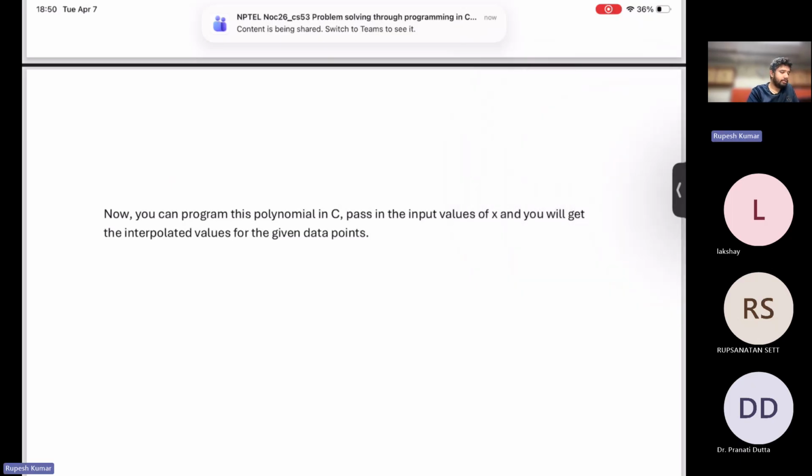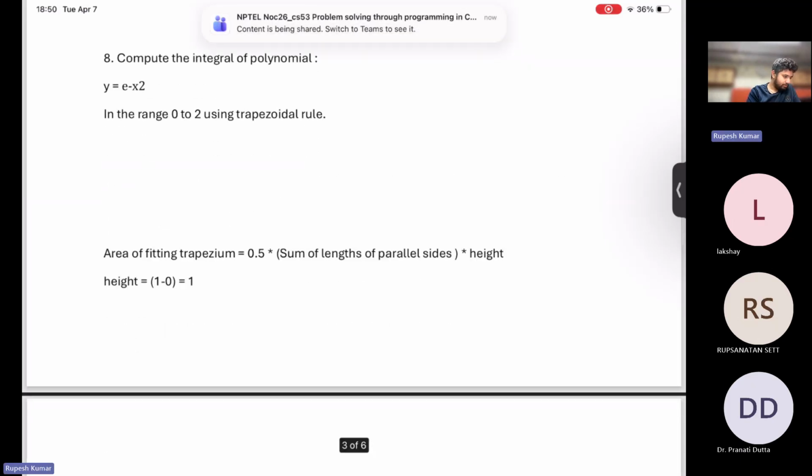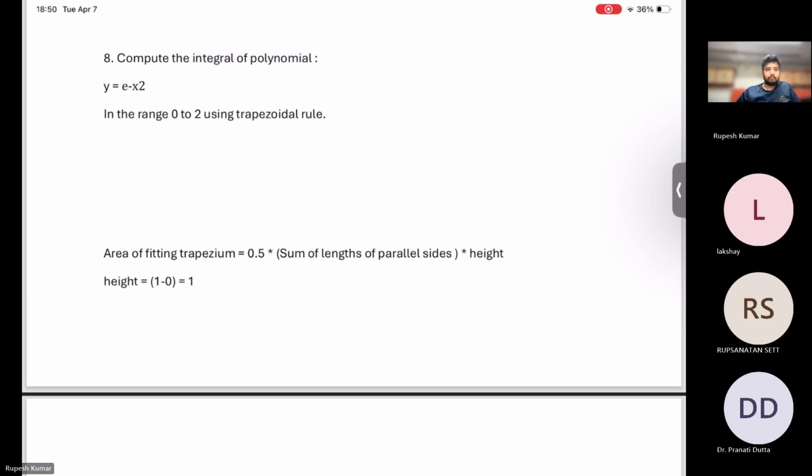We already saw the code for this interpolation in the previous session. The next concept that we did not cover in the previous session is computing the integral of a given function.